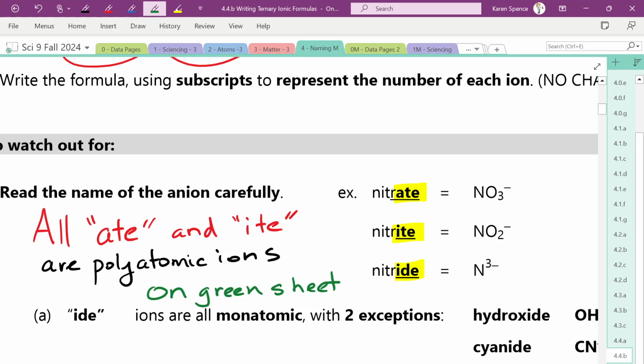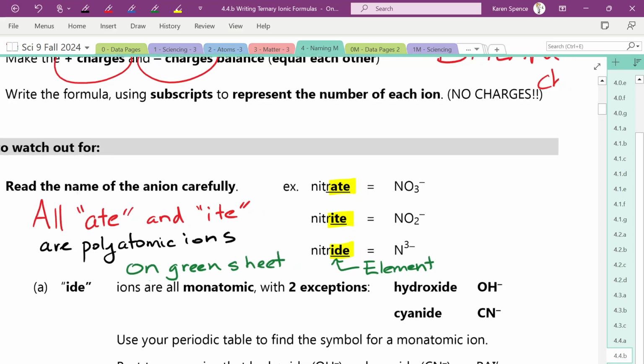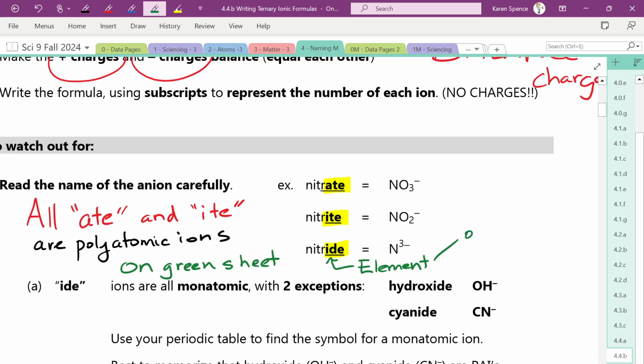Most of the time, if you have an ide, that's going to be an element. And where do you find your elements? Those would be on the periodic table.